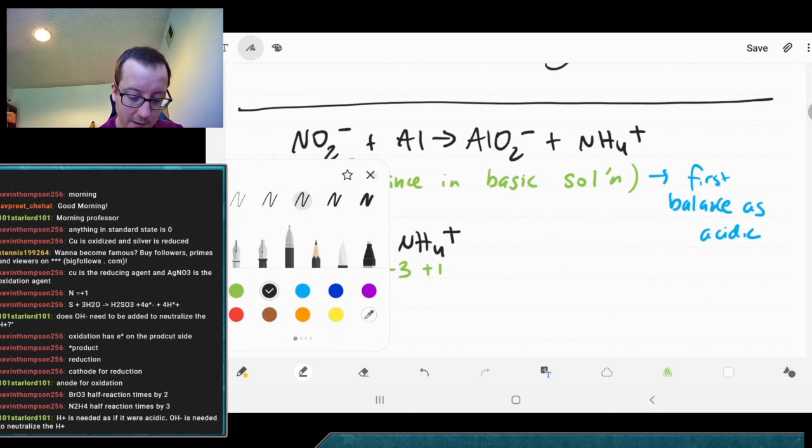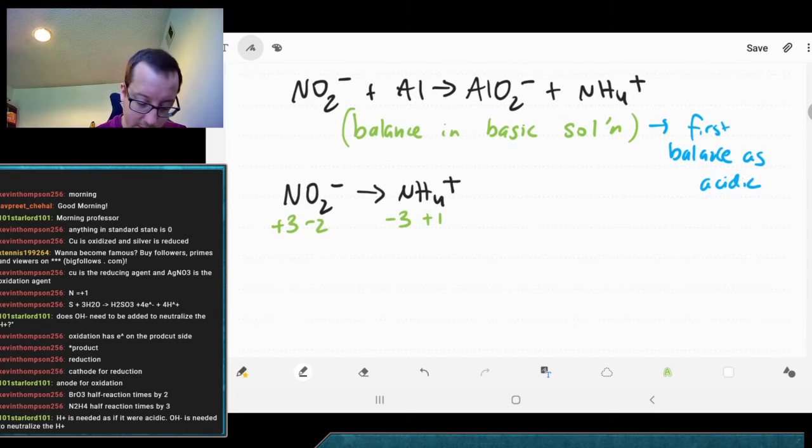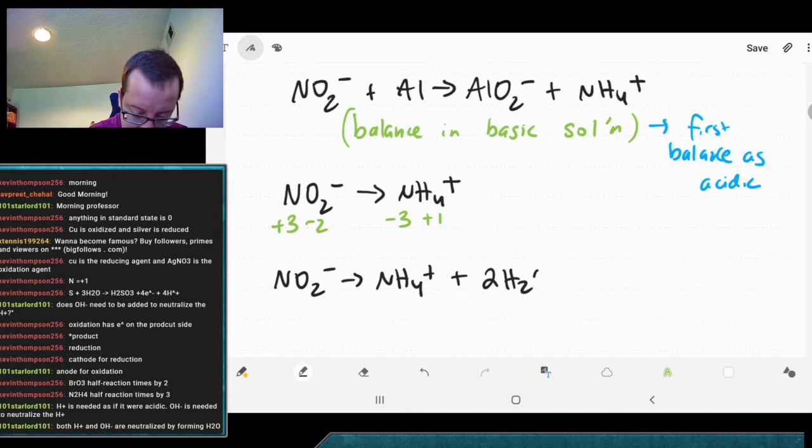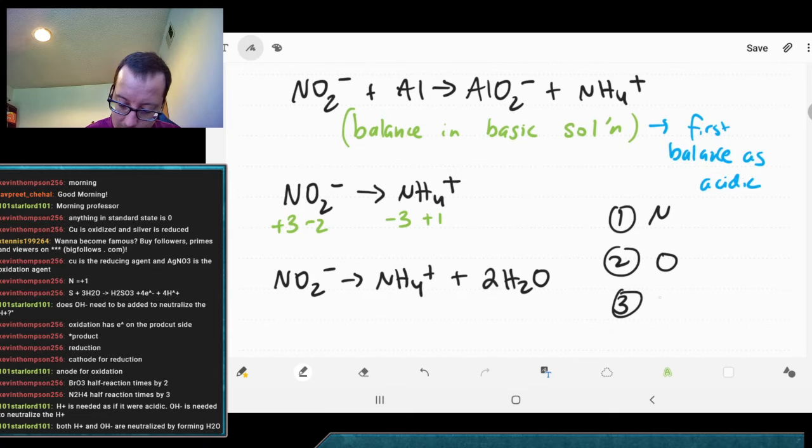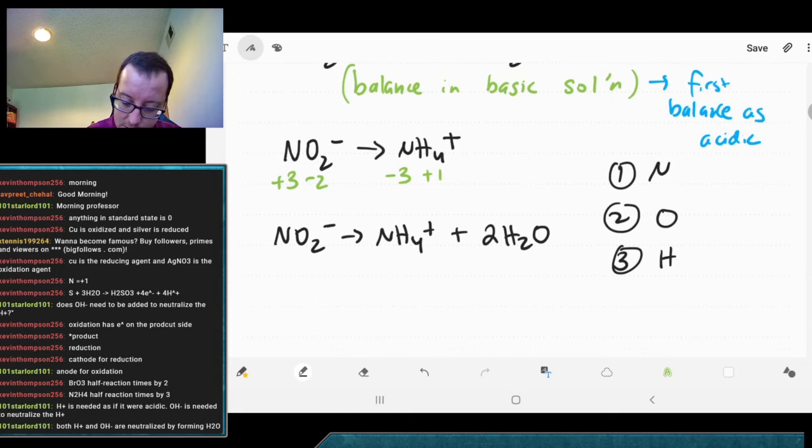Looks like the nitrogens are balanced, so let's go ahead and do the oxygens next. Two waters is what we'll need here to balance the oxygen. So first balance nitrogen, 2 and then 3. Then we balance oxygen, then we balance hydrogen, and then we'll balance the electrons, right?